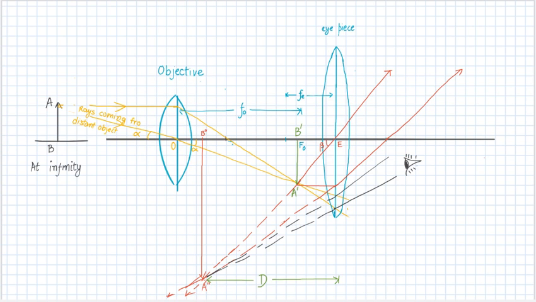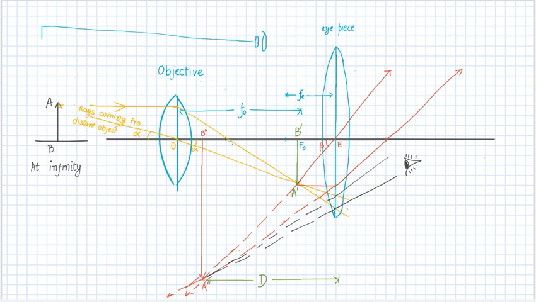suppose this is the object which is placed at infinity. It forms a ray, which falls on the objective. After this it falls on the eyepiece. This lens denotes your objective and this lens denotes your eyepiece.